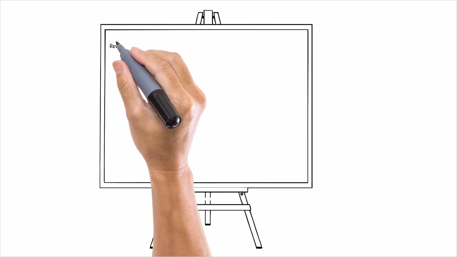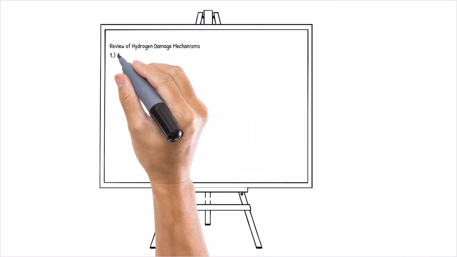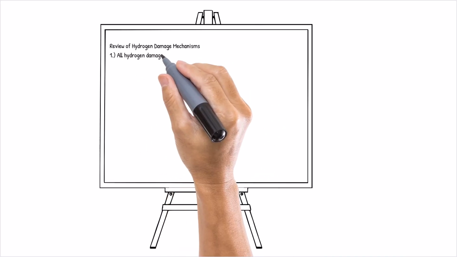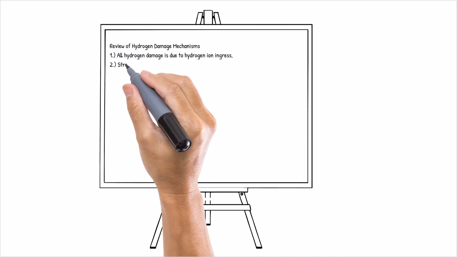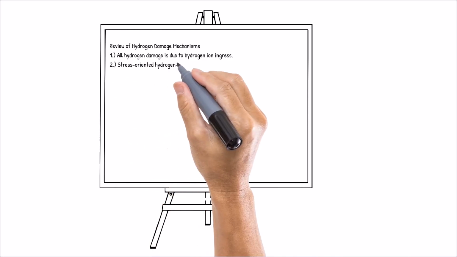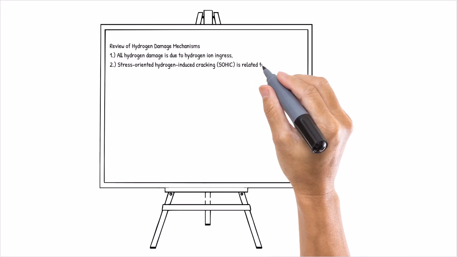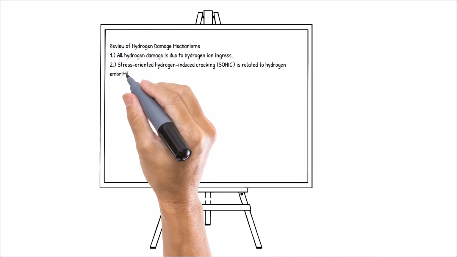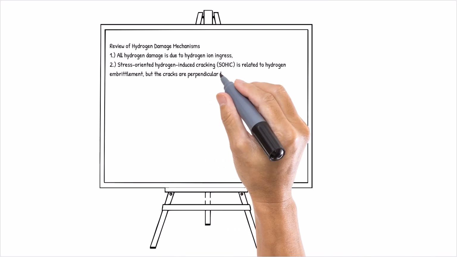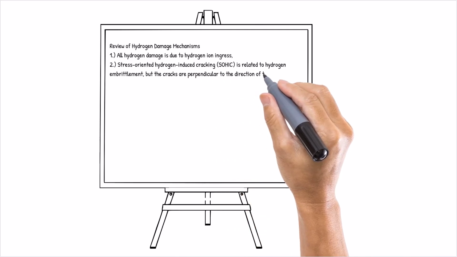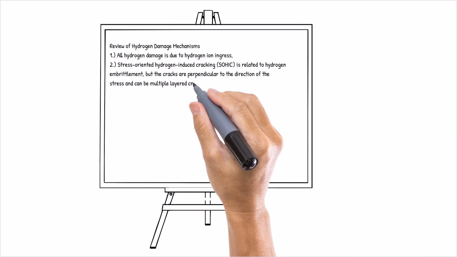Well, the first and most important point probably is that all hydrogen damage is caused by hydrogen ion migration or ingress into the steel structural lattice. Stress-oriented hydrogen-induced cracking, SOHIC, is really related to embrittlement, but it is impacted by stress, and the cracks are then oriented to be perpendicular to the stress field.